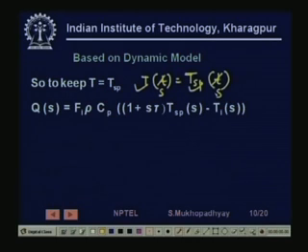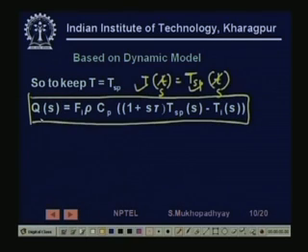So now in the previous equation where we had T(s) on the left hand side, if we put T_SP(s) there and then solve for Q(s), we will get this equation, which is now my new dynamic feed forward control law.